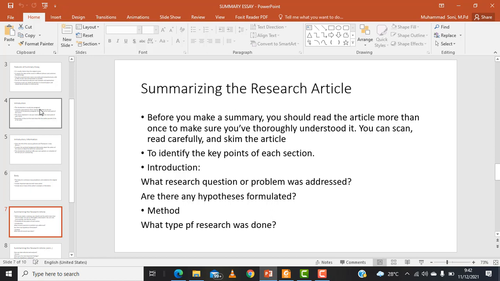In the introduction, the author explains why this research is really important to be conducted, and the author also states the purpose of the research and the research gap, what makes the difference between this study and other previous research, and the last is the research problems or research questions, and that's the introduction.